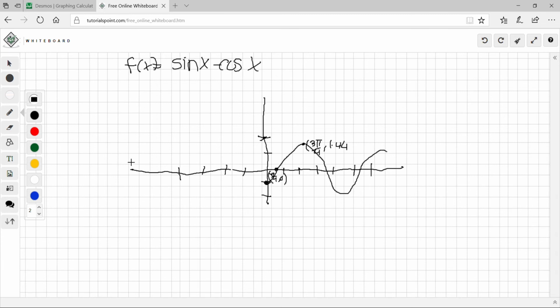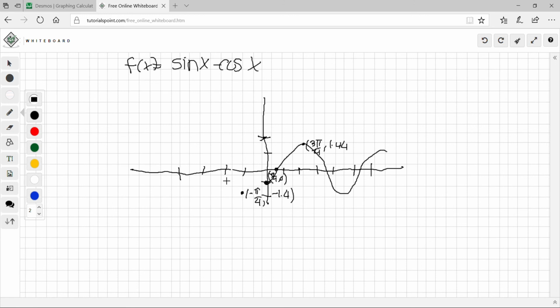On the left side, it would be right here. This is negative pi fourth. You could just put this in a graphing calculator if you want to.